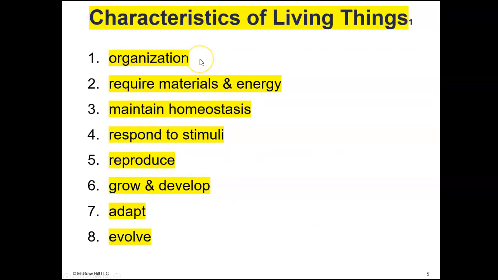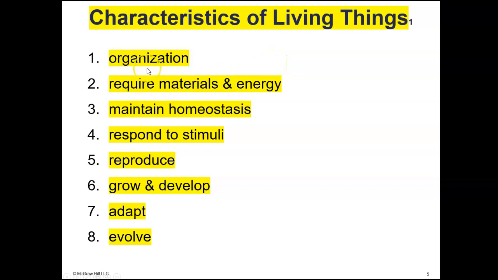So this is a list of the basic characteristics that all living things share, and then we will go into detail on all the different characteristics. There's organization. Basically, all living things are organized. They're either composed of one cell or they're multicellular, and those cells are organized into tissues and organs.